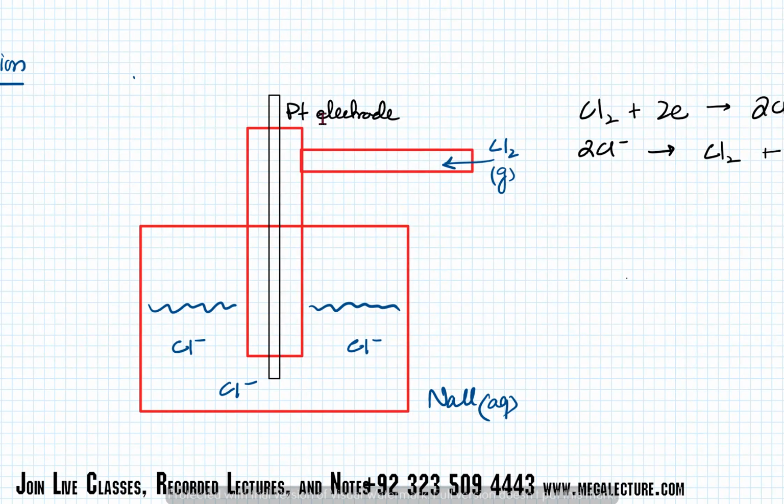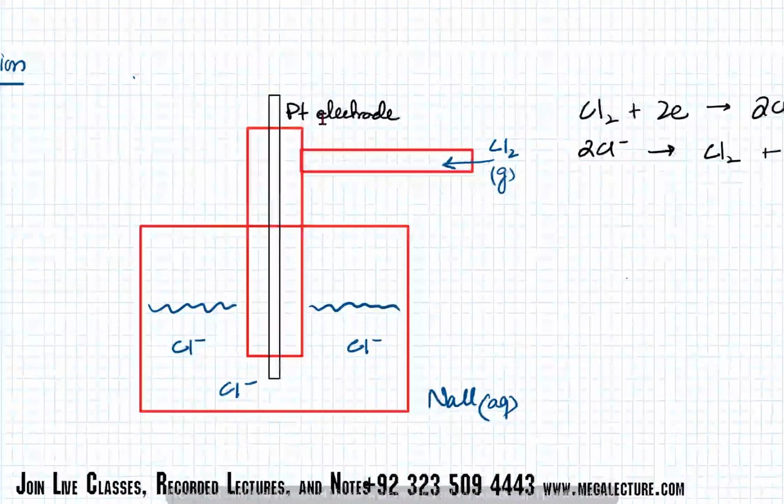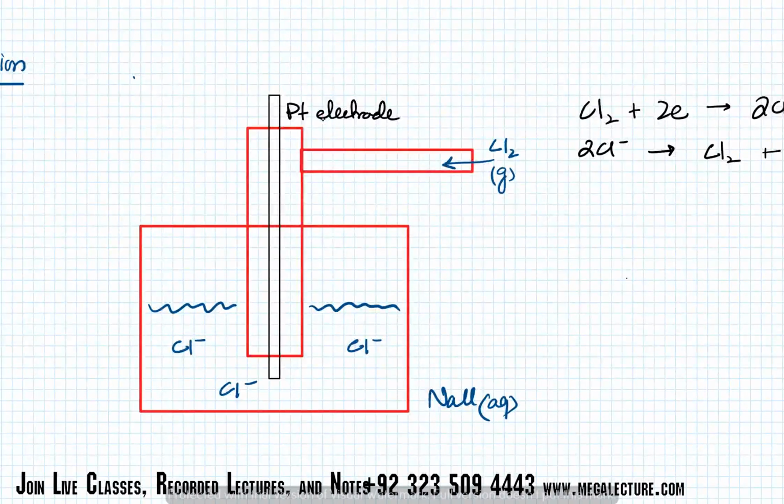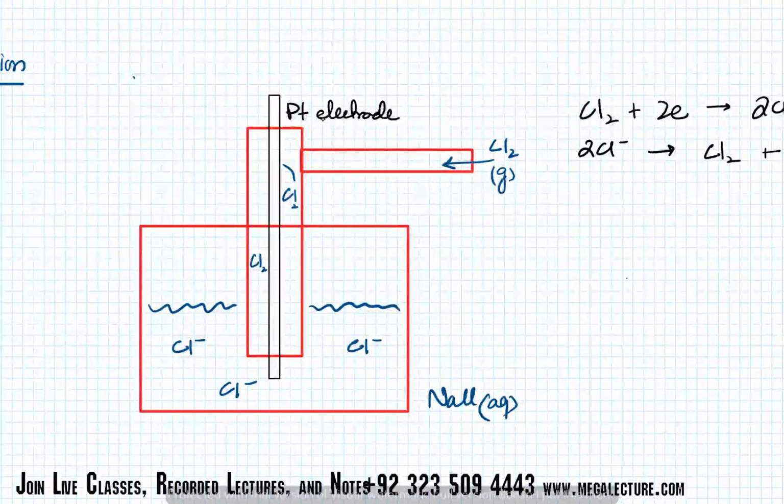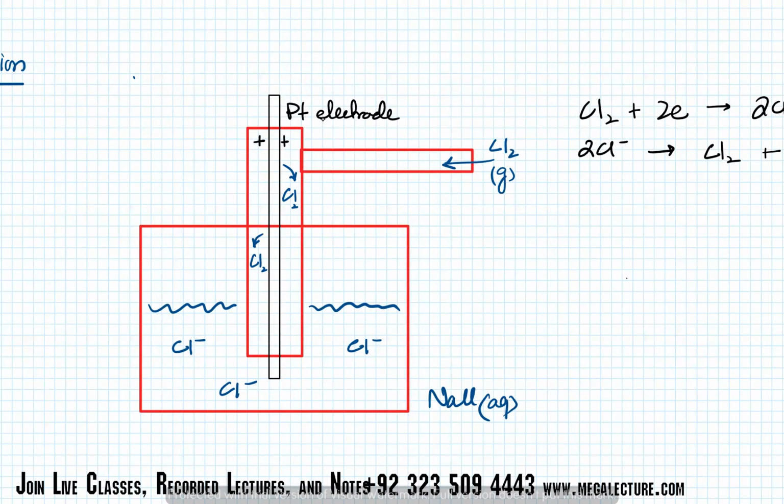Yeah, that makes sense. So here are the chlorine molecules coming in, and they'll try to gain electrons from the platinum electrode. So what will eventually happen to the platinum electrode? It's going to become positively charged.